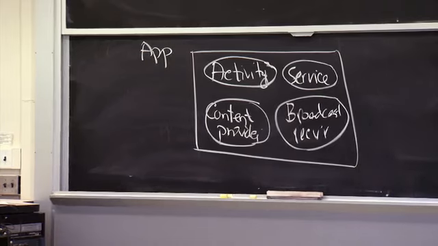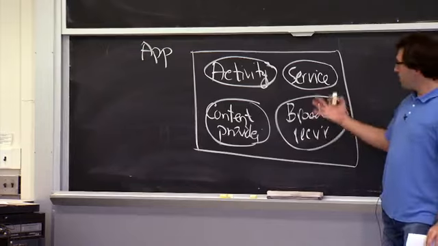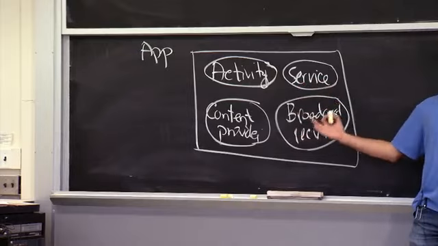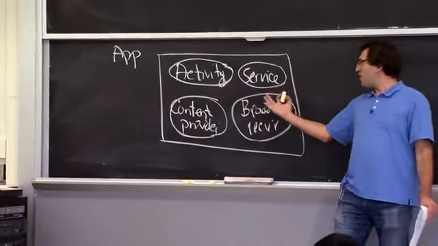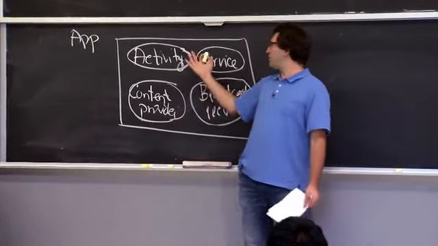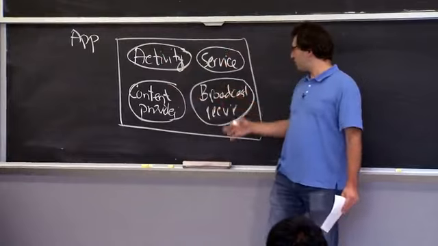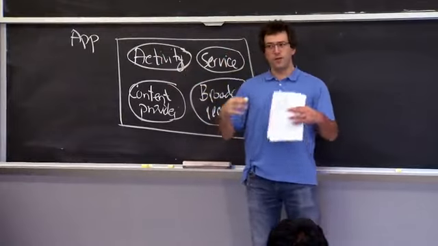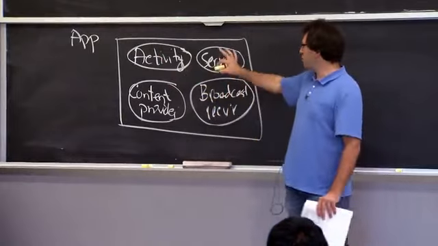All right, so this is a very high-level logical view of how you can think of an Android application. But in reality, all these are just Java classes or Java code that the developer writes. There's a standard interface for an activity, for a service, for a broadcast receiver, for a content provider that you implement. But really, this is all just Java code.